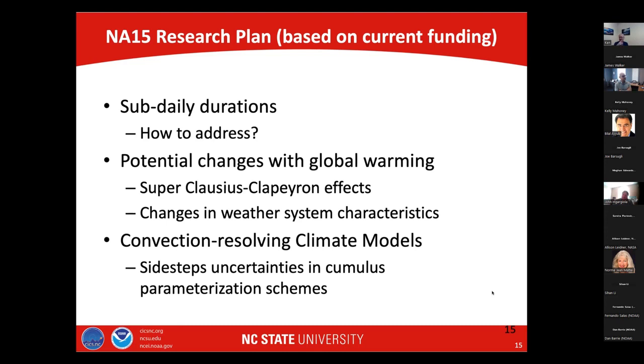In typical models, this is parameterized, whereas in convection resolving climate models, they actually, as the name implies, resolve individual convective towers in precipitation producing weather systems. So you sidestep to an extent the uncertainties that might arise from choices about cumulus parameterizations.